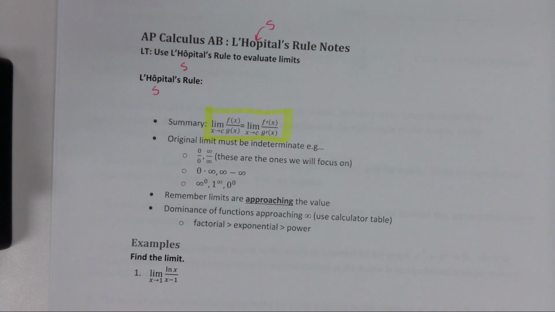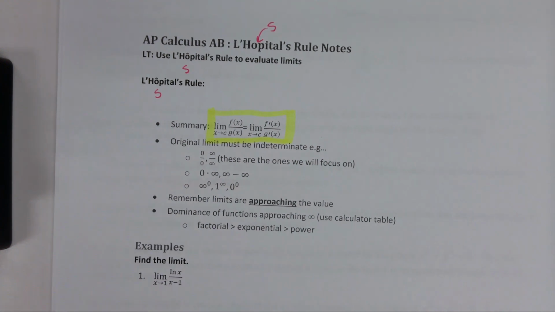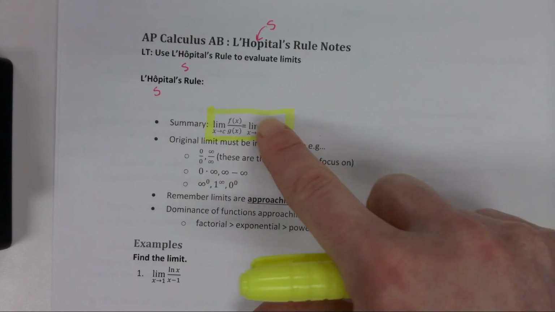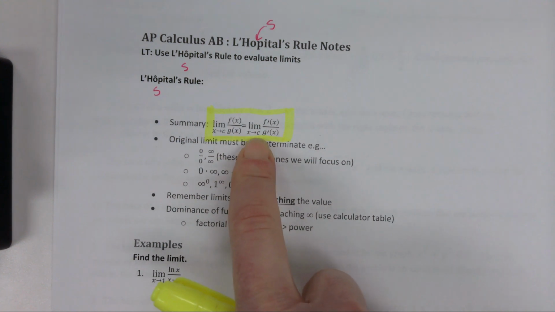And so the premise of L'Hopital's rule is pretty important because we've talked about how you can't just divide derivatives normally, right? This isn't a derivative though, this is a limit. So what I'm saying is the limit of f of x over g of x is going to equal the limit of the derivative of those things.